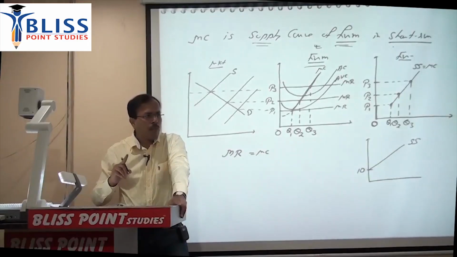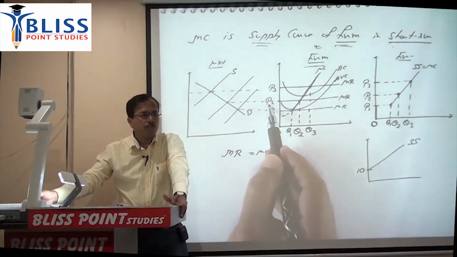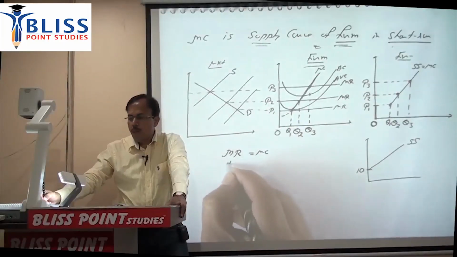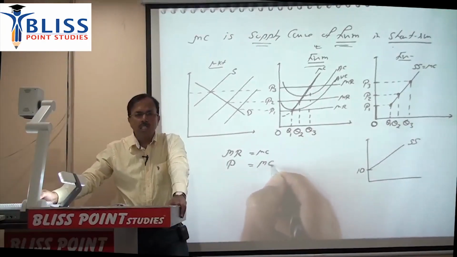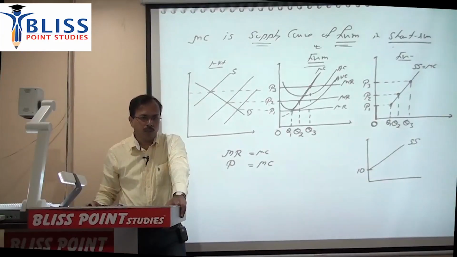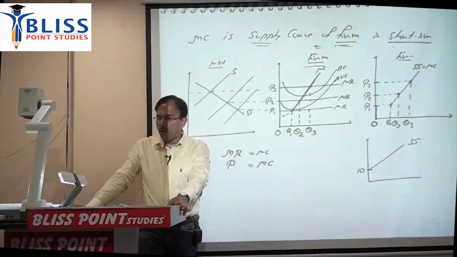But for perfect competitive firm, marginal revenue and price is same. So you write a competitive firm always produces that much output where price is equal to marginal cost. In fact, you have written MR equal to MC. Continue.